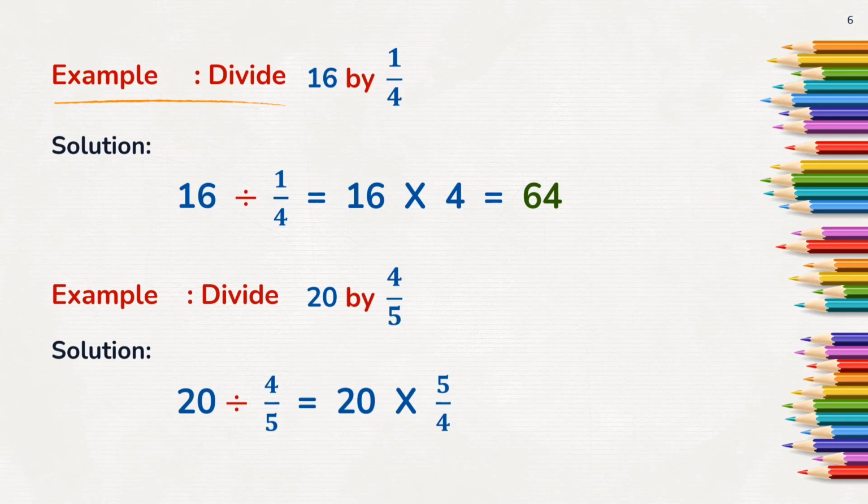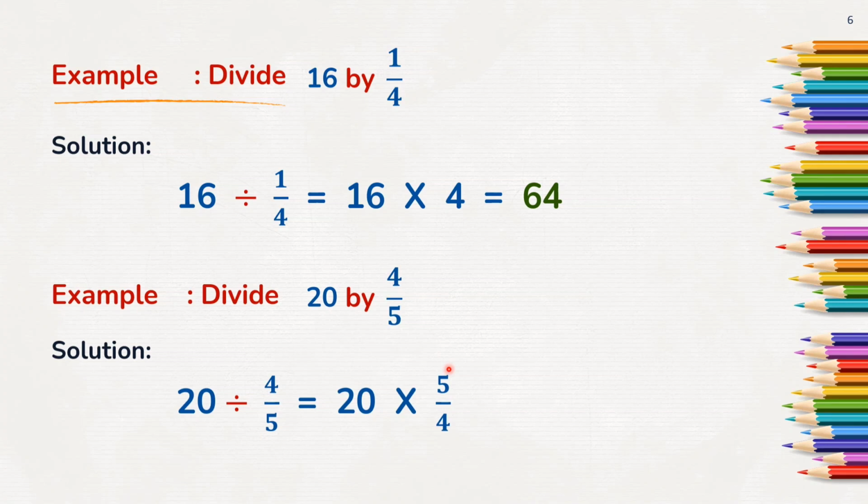So here we will first change the division sign to multiplication sign and then we will write the reciprocal of the fraction. Here what is the reciprocal of 4 by 5? 5 by 4 is the reciprocal of 4 by 5. So first step we have changed the sign and second step we have written the reciprocal of the fraction.